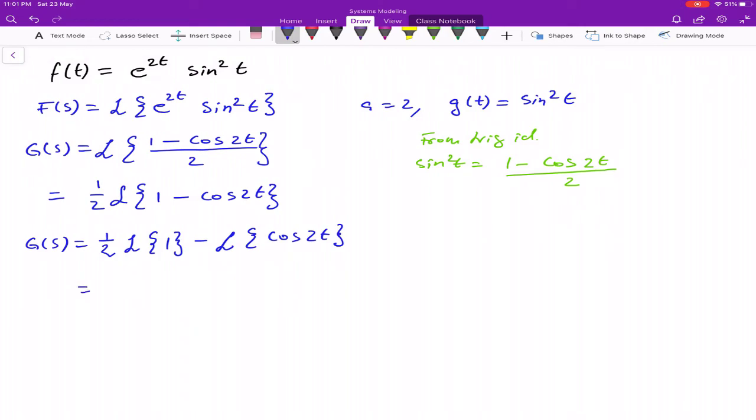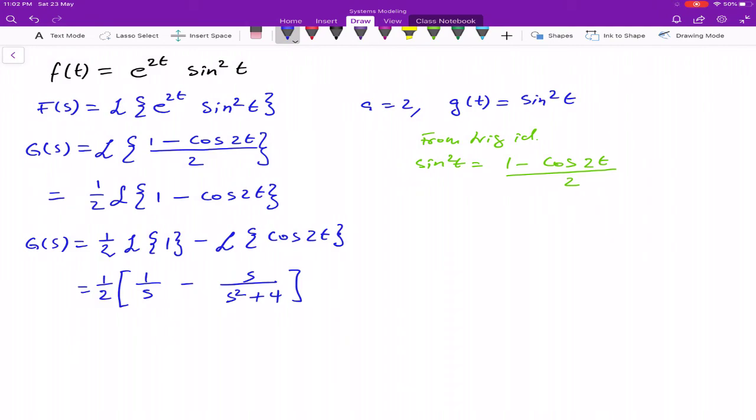We worked it out earlier. So the Laplace transform of a constant is 1 over s, minus the Laplace transform of a cosine, we've done that many times now, which is s over s squared plus 4.